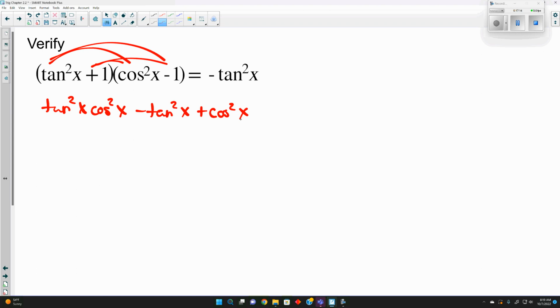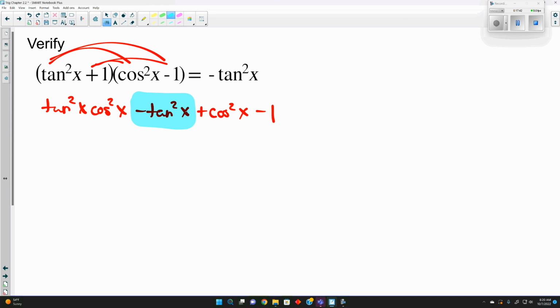And 1 times negative 1 is negative 1. Well, that was kind of nice. Because that there is what we want, yes? Now we just need to find a way to get the rest of it to go away.